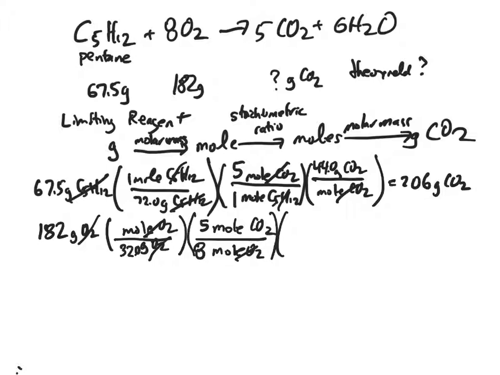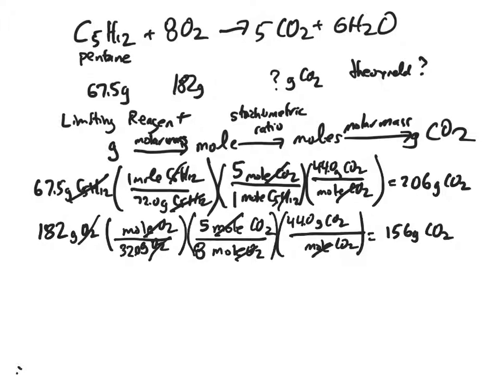We've got moles carbon dioxide. And now we can change moles carbon dioxide to grams carbon dioxide using the molar mass, which is 44. So mole CO2 divided by mole CO2 cancels. And we do that calculation. We will come up with 156 grams of carbon dioxide.